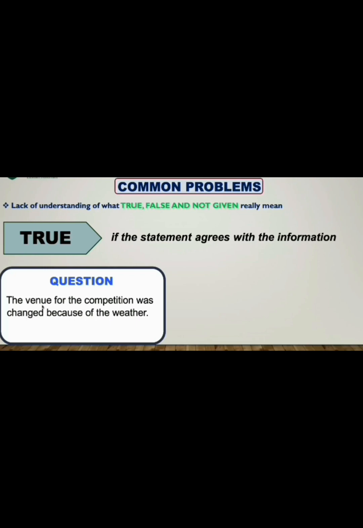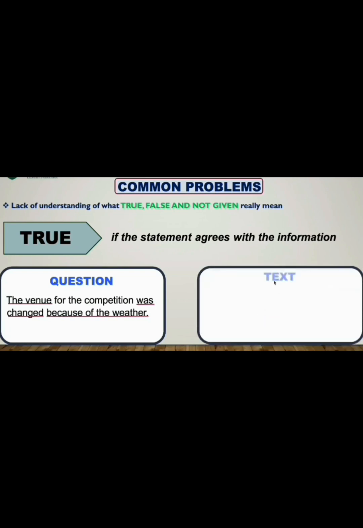It says the venue for the competition was changed because of the weather. And from previous classes, we said the way to comprehend is to read word for word and underline the content words. So what are the contents here? We have the venue, and then was changed because of the weather.